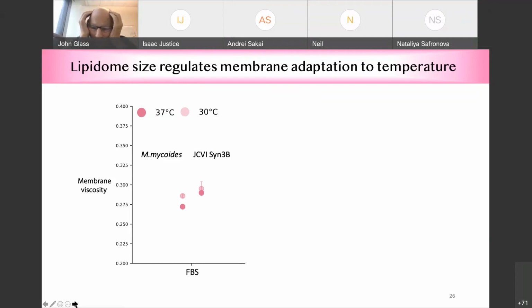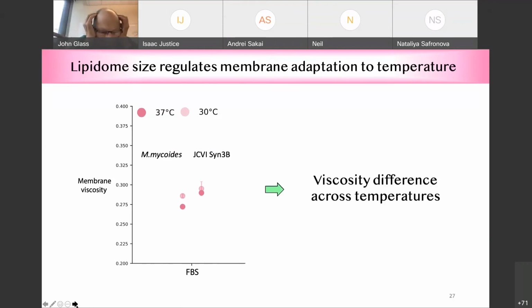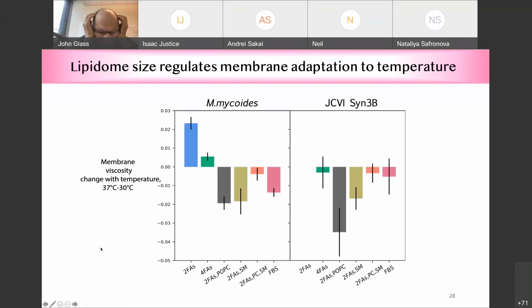So what we did to see if the viscosity adaptation is different for mycoplasma membranes with different lipidome sizes, we grew cells on all of the diets and measured their membrane viscosities at 37 and 30 degrees, with the example viscosity values you can see here of cells grown in FBS, and took the difference in viscosity estimates across the 2 growth temperatures to obtain this result.